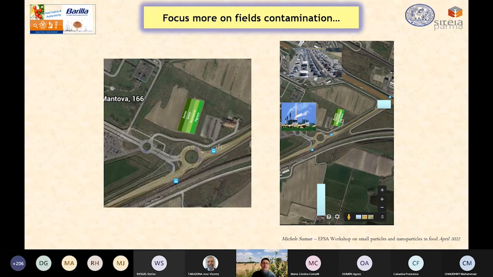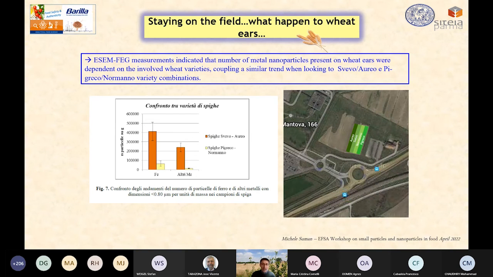An interesting first finding is that two pairs of varieties, Svevo and Aureo, and the other two, so-called Pi Greco and Normanno, differed in their content of nanoparticles and general particle presence on their ears. You can see that Svevo Aureo was accumulating much more nanoparticles than the Pi Greco Normanno varieties.